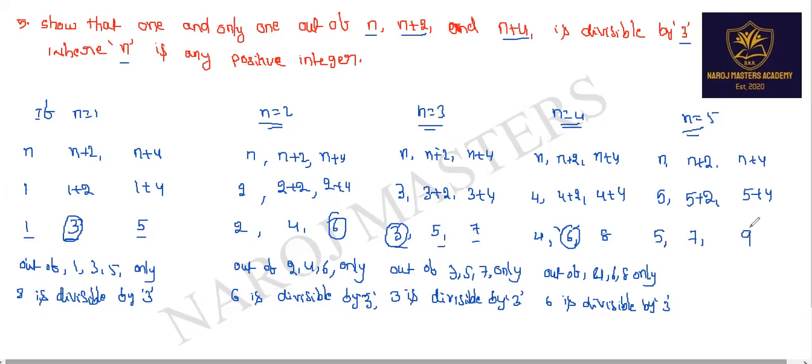Out of these three, 5, 7, 9, only 9 is divisible by 3. From this, we can conclude that for any positive integer value of n, out of these three, only one is divisible by 3. So with this, exercise 1.1 is over. Thank you.